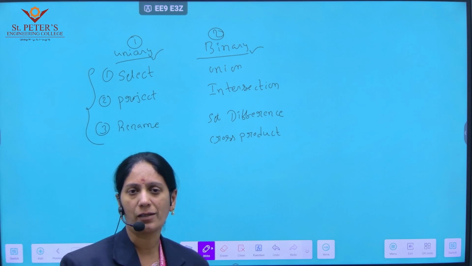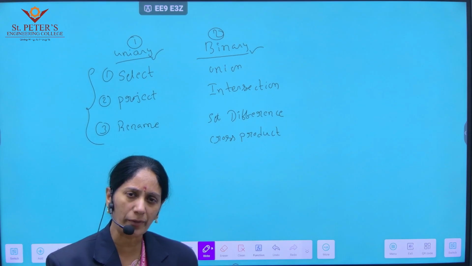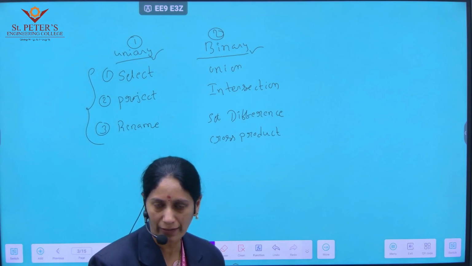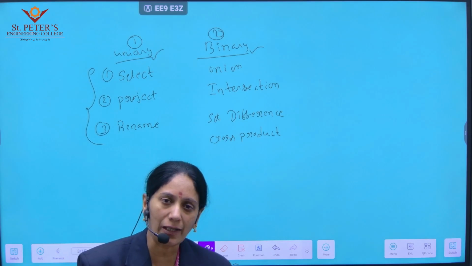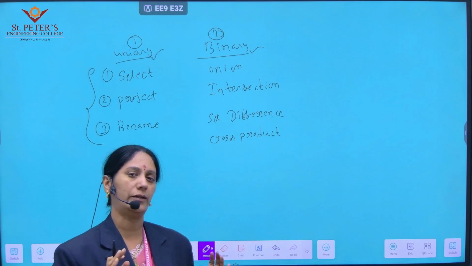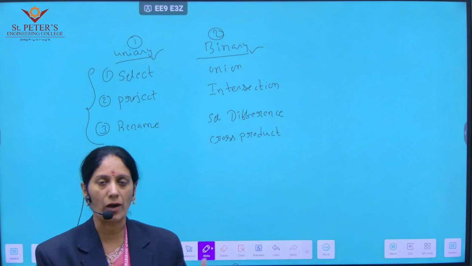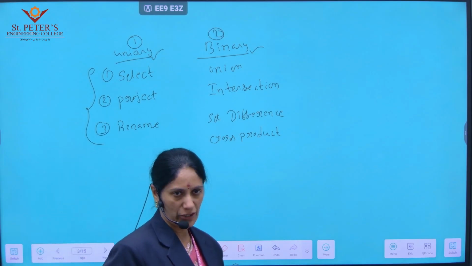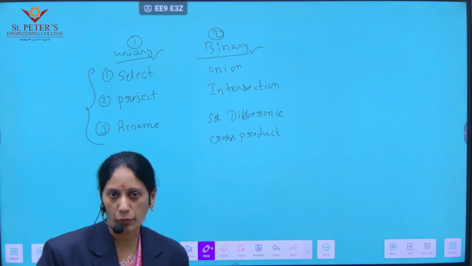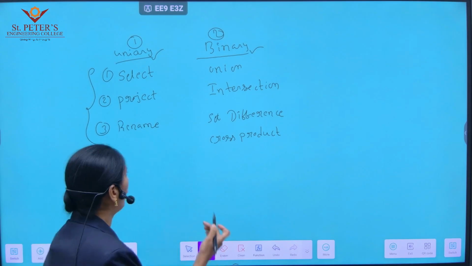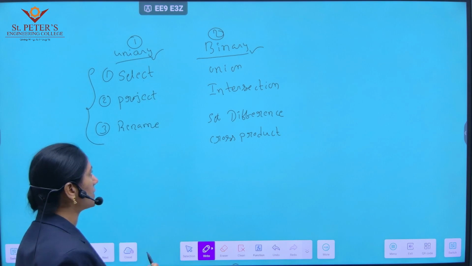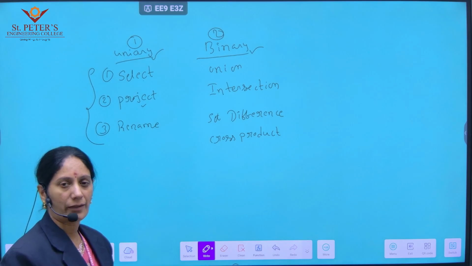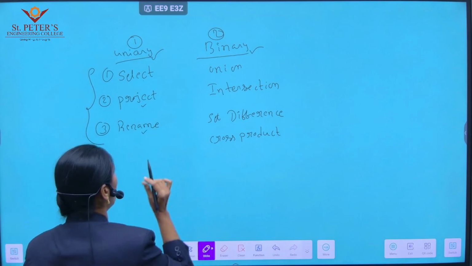Unary means, by the name itself, that it is always performed on only a single table or a single relation, using a single relation to retrieve data from the database. Those are unary operations. The types of unary operations are the select operation, the project operation, and the rename operation.